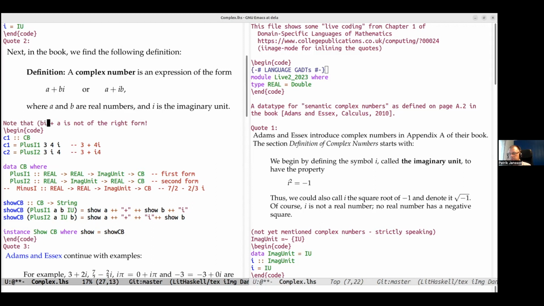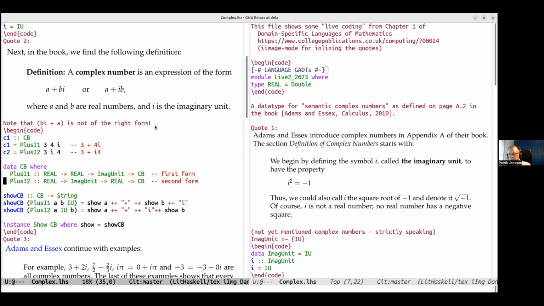We would expect bi plus a to also be a complex number, but if we strictly look at this definition, it only says there has to be a real number, a plus sign, a b and an i, or a real number, a plus sign, an i and another real number. bi plus a is not. Then you would expect addition to be associative or commutative, so you can swap the orders, but so far, strictly speaking, that hasn't been introduced.